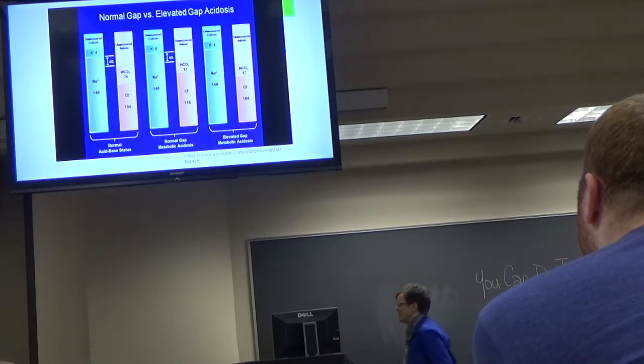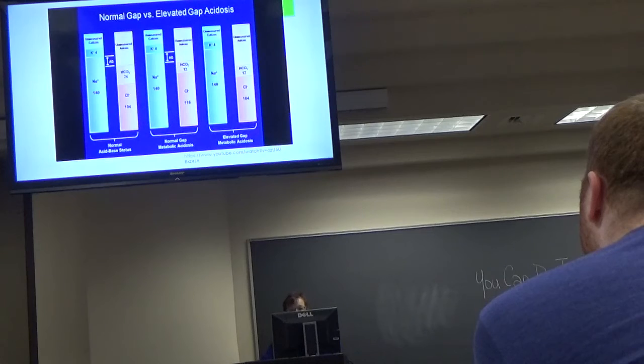Look at the difference between unmeasured cations and unmeasured anions. It's huge. You lose bicarb because you're consuming it through the acid-base process. So it would be one of the labs you would look at. You would order an anion gap on your profile. Okay, so that's one of the markers.